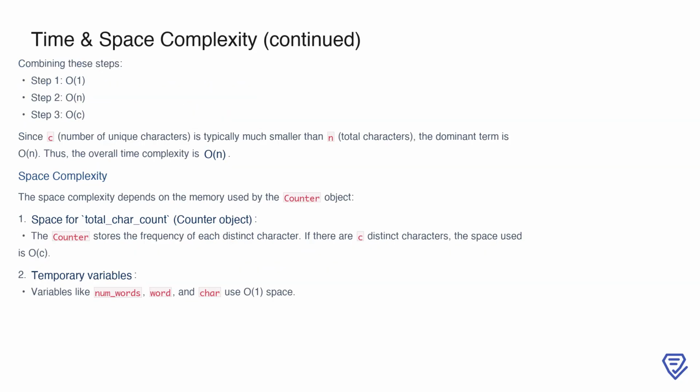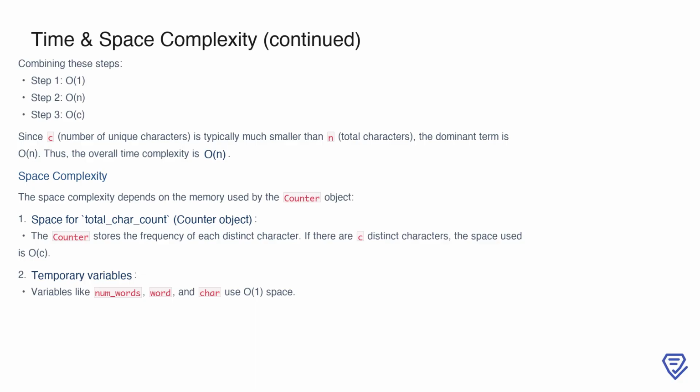Now, combining these steps gives us O(1) for the first step, O(N) for counting character frequencies, and O(C) for checking divisibility. Since the number of unique characters, C, is typically much smaller than the total number of characters, N, the dominant term is O(N). Therefore, the overall time complexity of the solution is O(N).